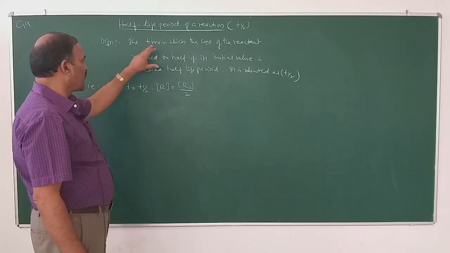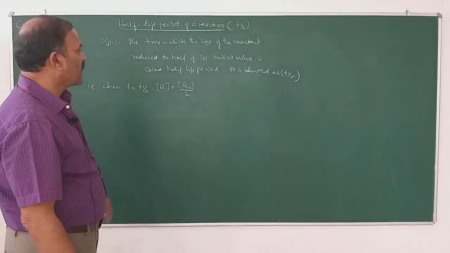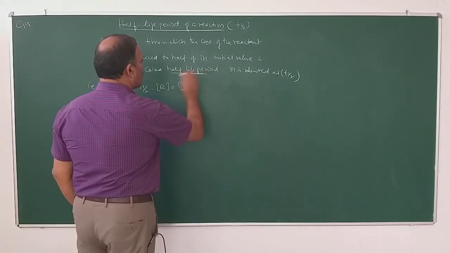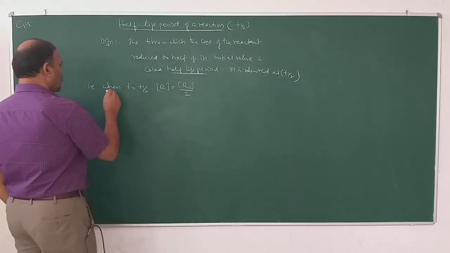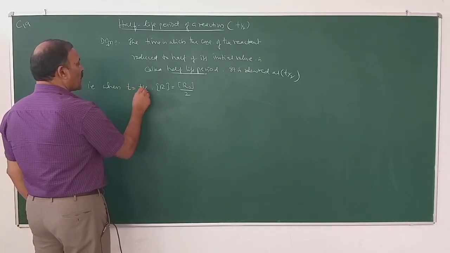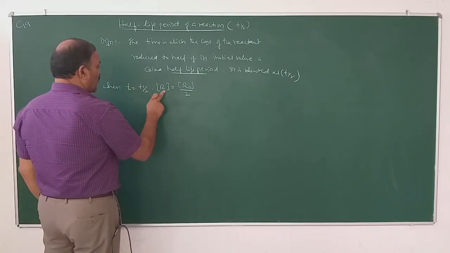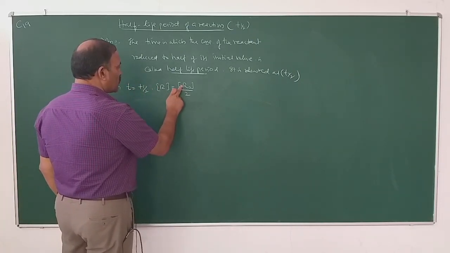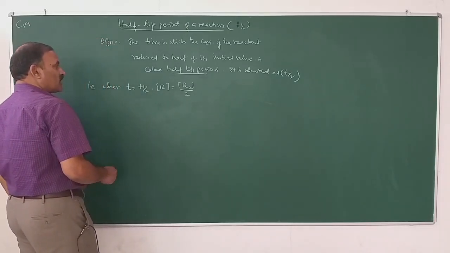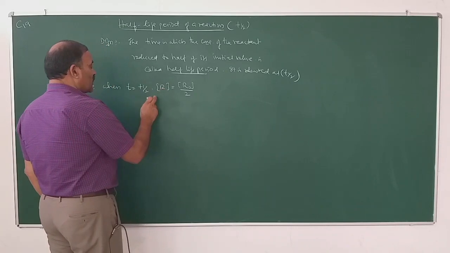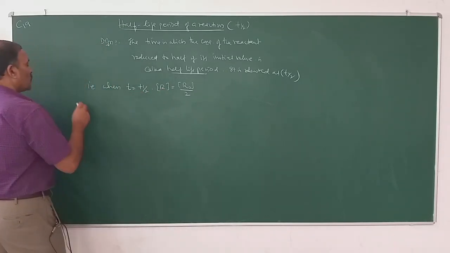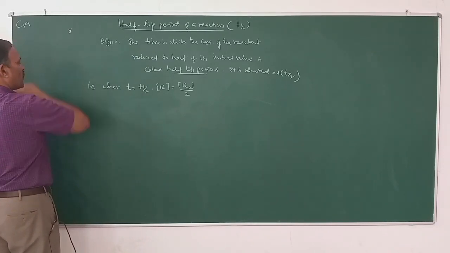What is [R]0? [R]0 is the initial concentration and [R] is the concentration of the reactant at time t1/2. So now the definition is also important.